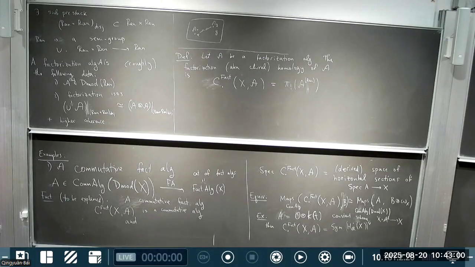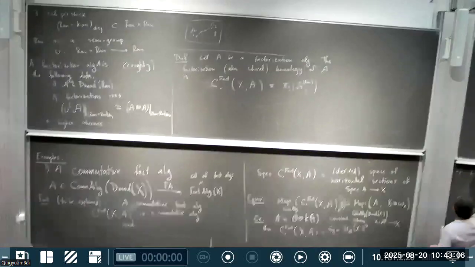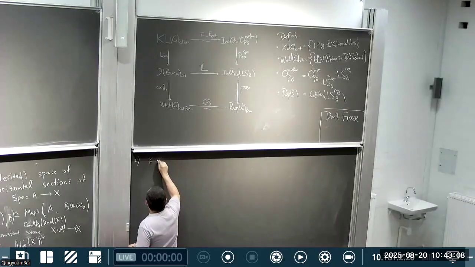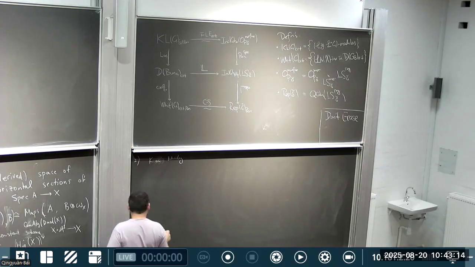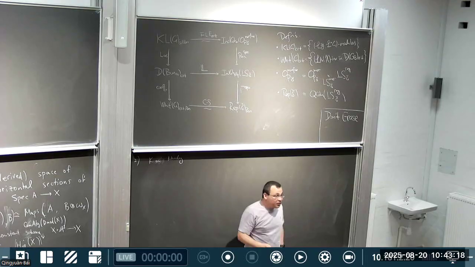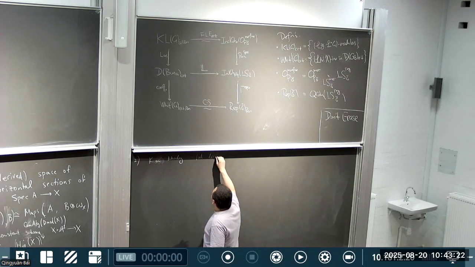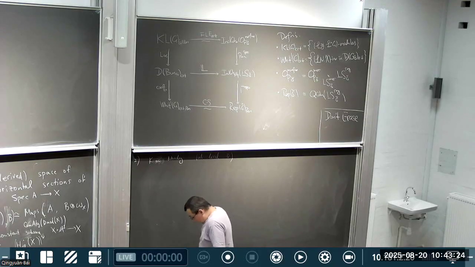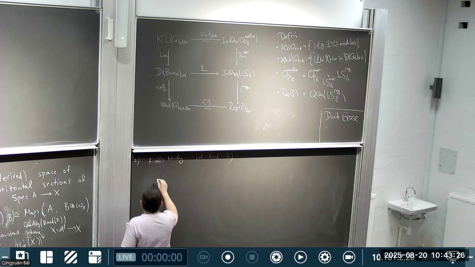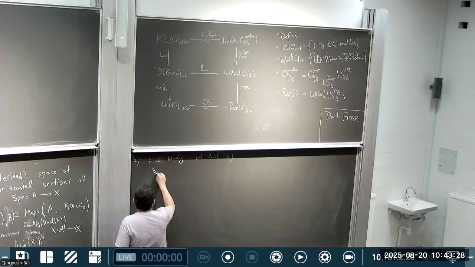Okay, so let me do the second example, which is Pat Moody. So we defined, let me simplify things and say at level 0, here this doesn't really matter. And so we have this.